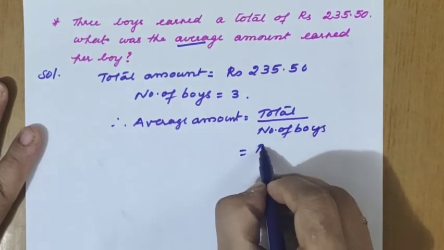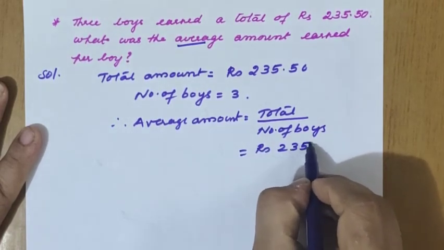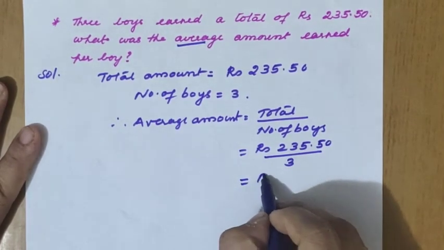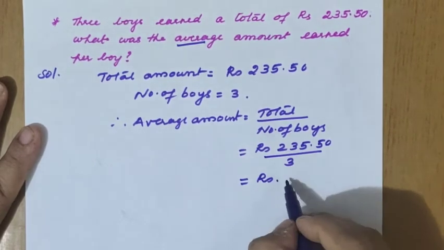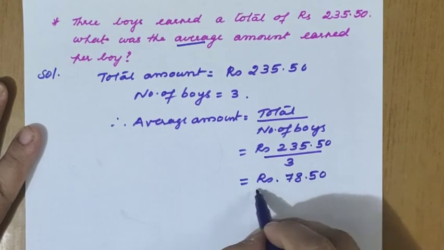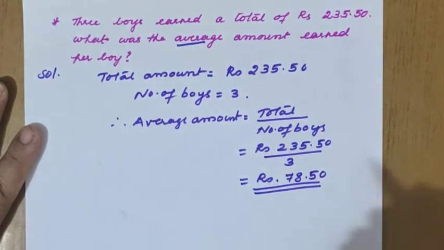So that means rupees 235.50 divided by 3. So what is the answer? Rupees, 7 3s are 21, 8 5s, 78.50 is the answer.